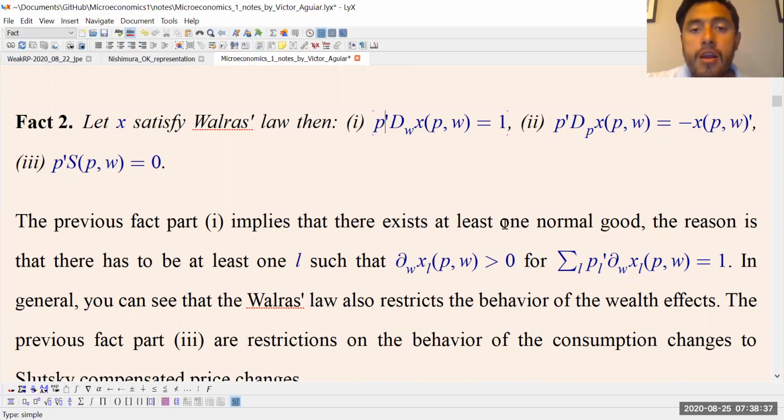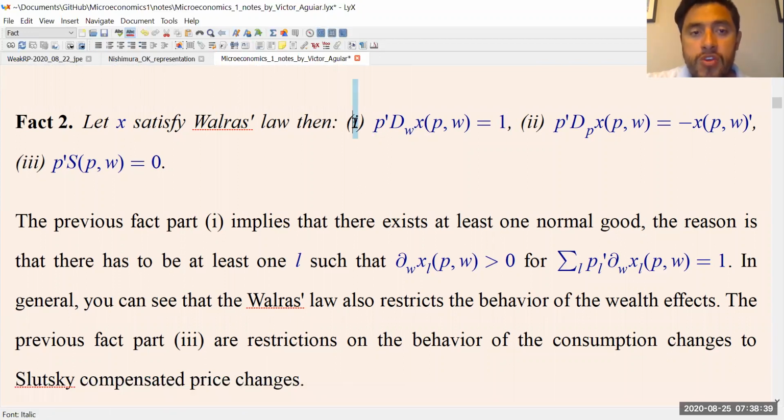And in particular, the first implication is telling me that there has to be at least one good in the set of L goods that has to be a normal good. What is a normal good? From your undergraduate classes, you have to remember that a normal good is a good whose income derivative is positive. So a normal good means that as income increases, your demand for that good increases.